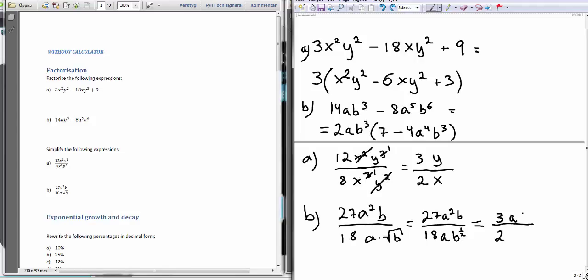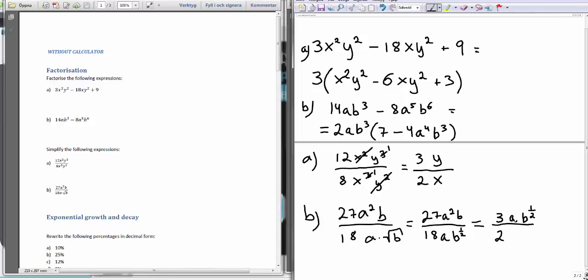And then b is actually b to the power 1 here minus b to the power half. So we just take 1 minus a half, which is b to the power of a half. So please note that we write the base up here. When we do this method, we just take this exponent minus this exponent.